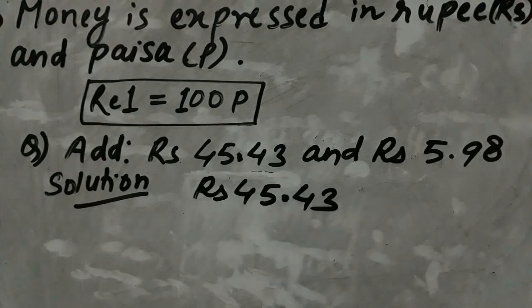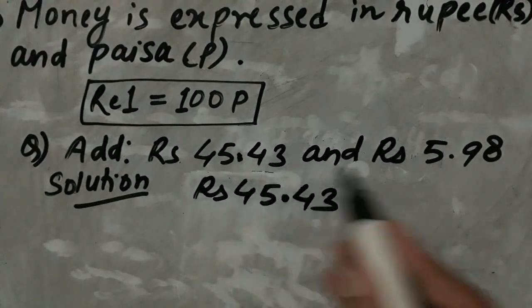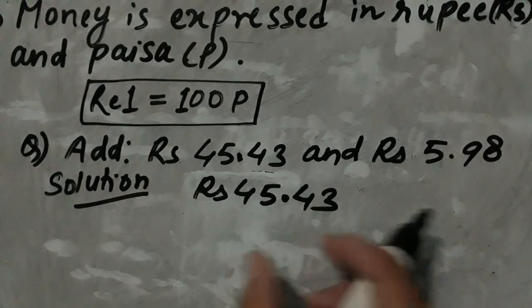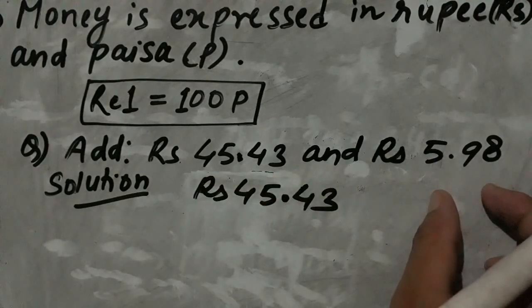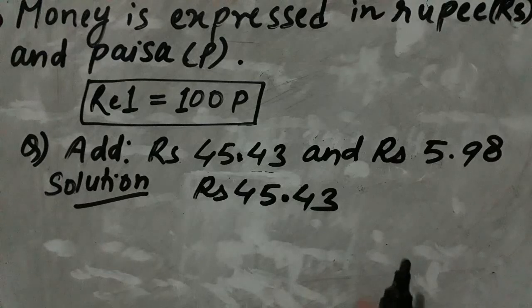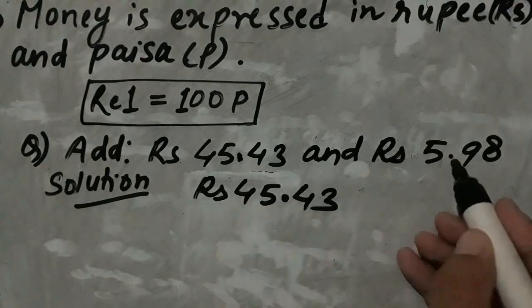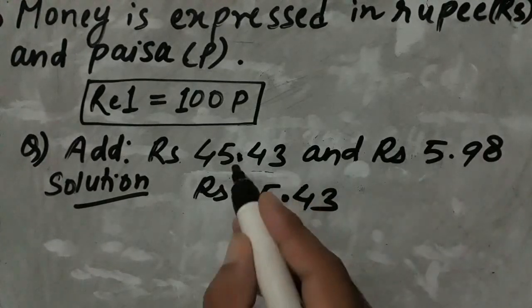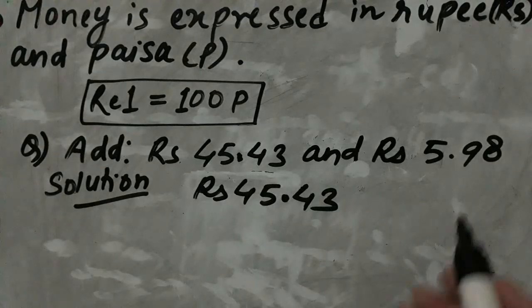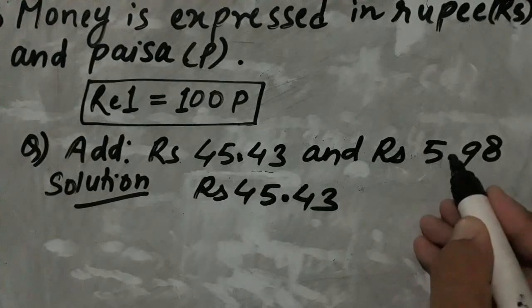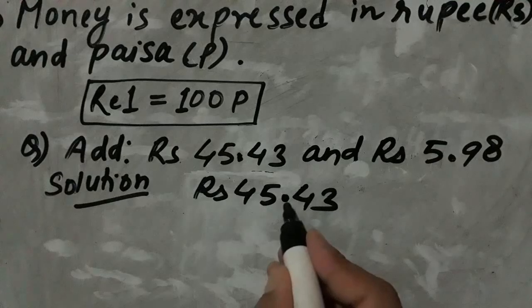Now students, there is decimal and there is also decimal. While adding these two numbers, we need to arrange these two decimal straight up. It means another decimal should be just below this decimal.